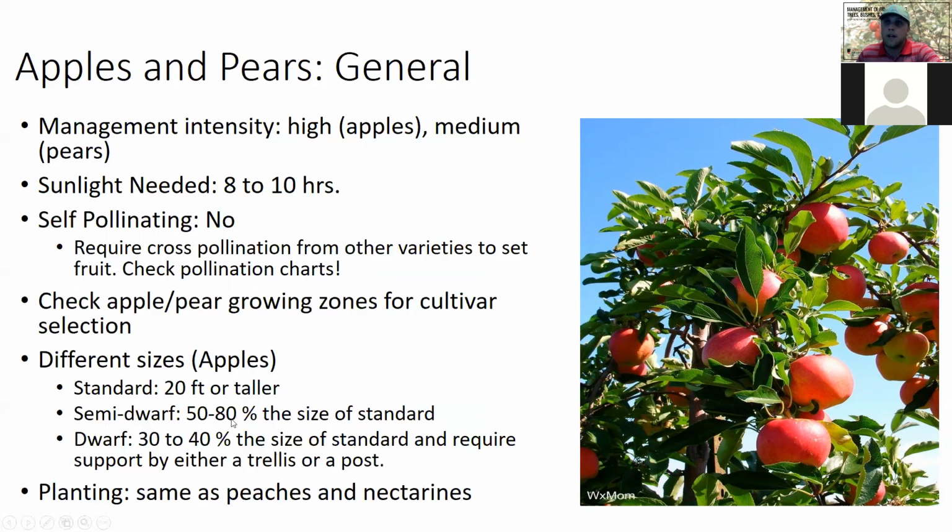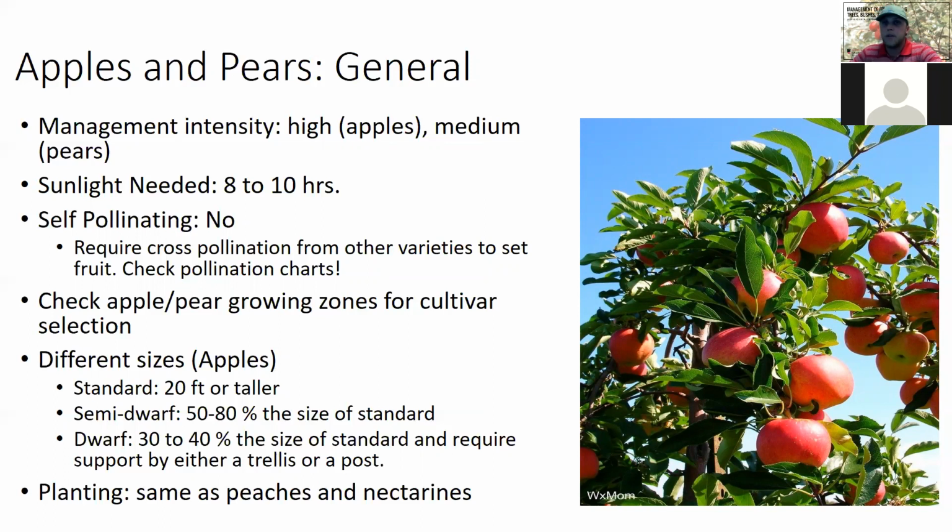A lot easier to manage as far as picking, pruning, spraying, things like that. And then you have a full dwarf, which is 30 to 40% the size of the standard, and requires a support, typically a trellis or a post of some sort, to keep that tree upright, because the weight of the fruit can typically cause some drooping and some issues down the road.